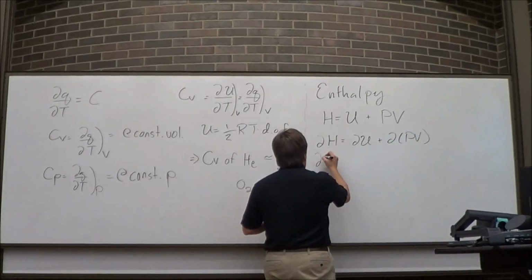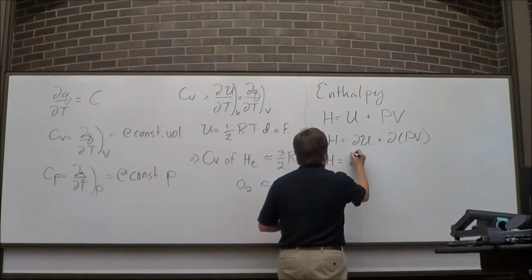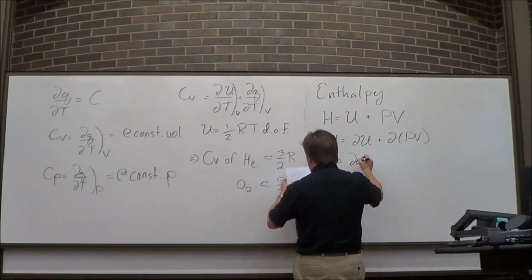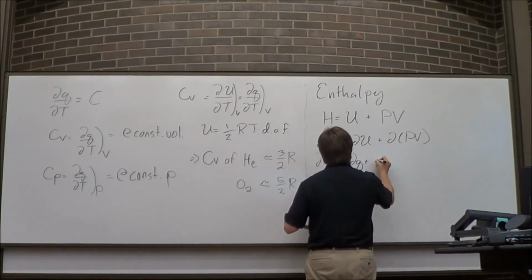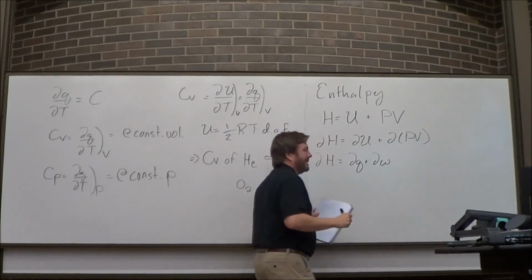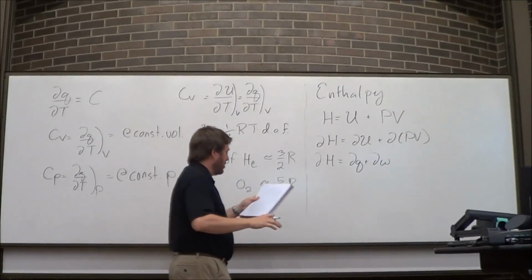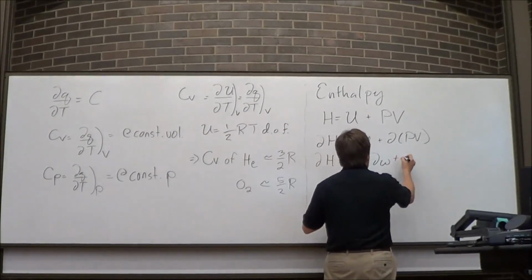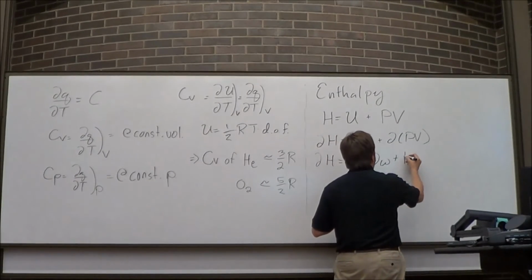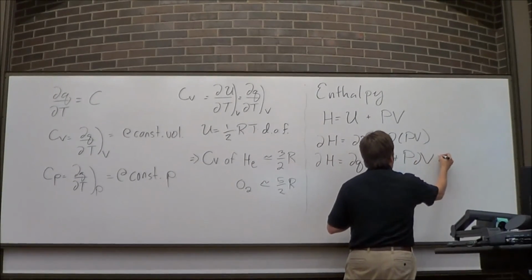Now I've already defined the change in U, which is the change in heat, and then the change in work. Something I just kind of simply asked you to accept as being true. And this next part, this does need to be second nature. This is the product rule.